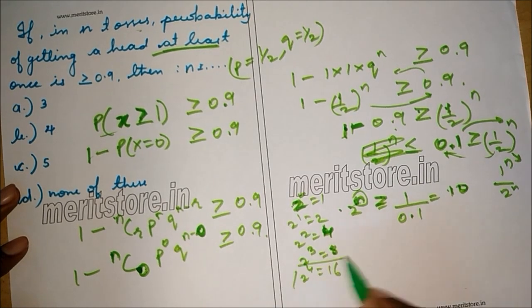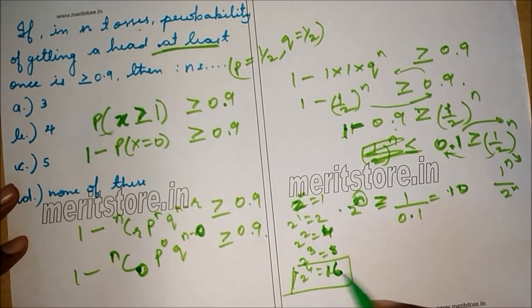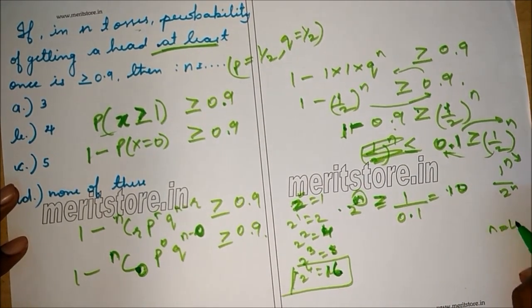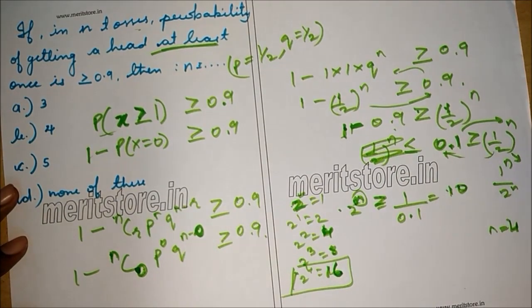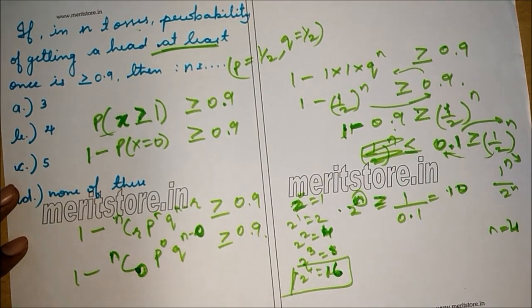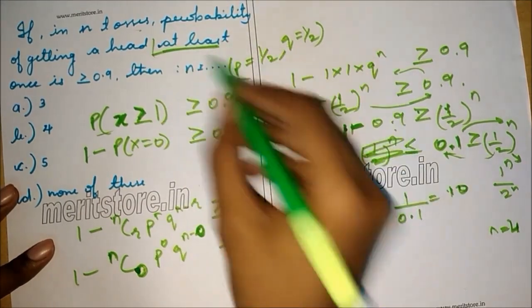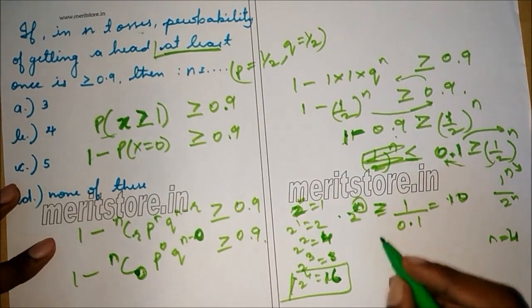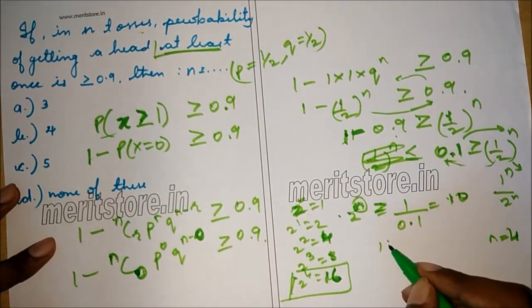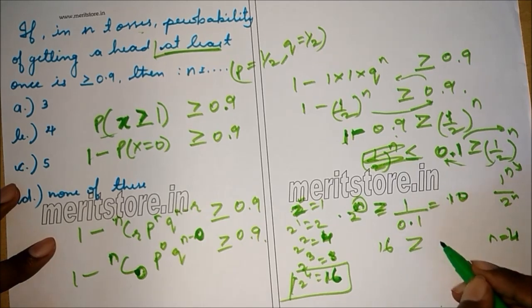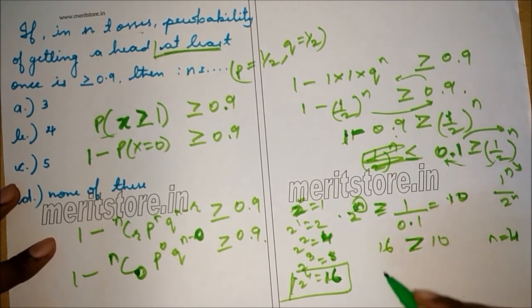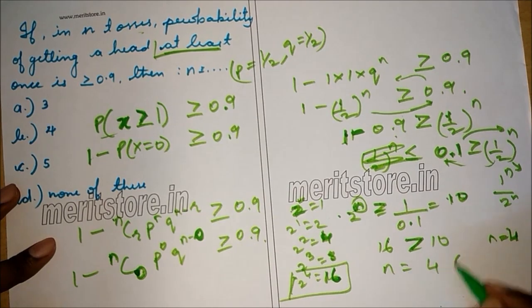So you can see that from 4 onwards, it is greater than 10. So starting from n equals 4, it starts getting greater than 10. The least value is 16, which is greater than 10. So n is equal to 4, which is the least value.